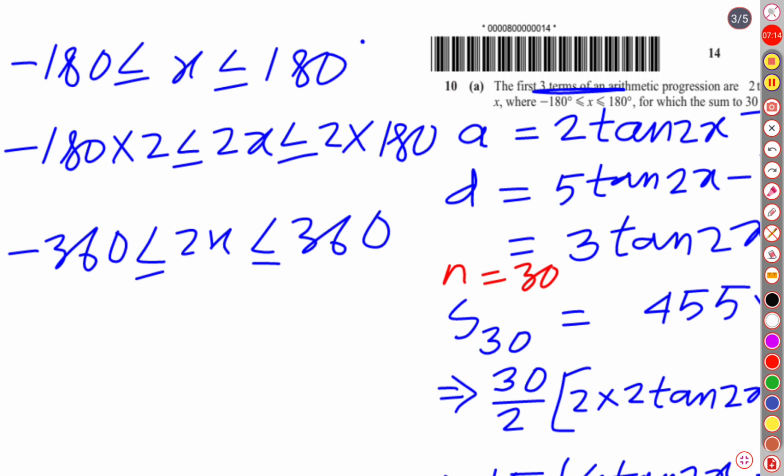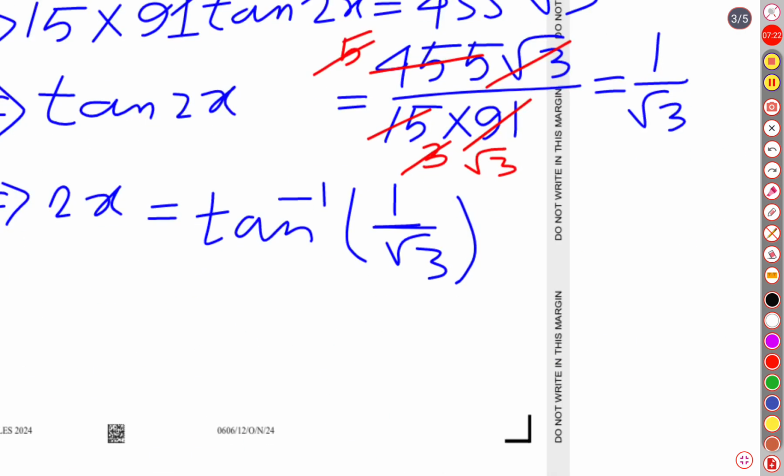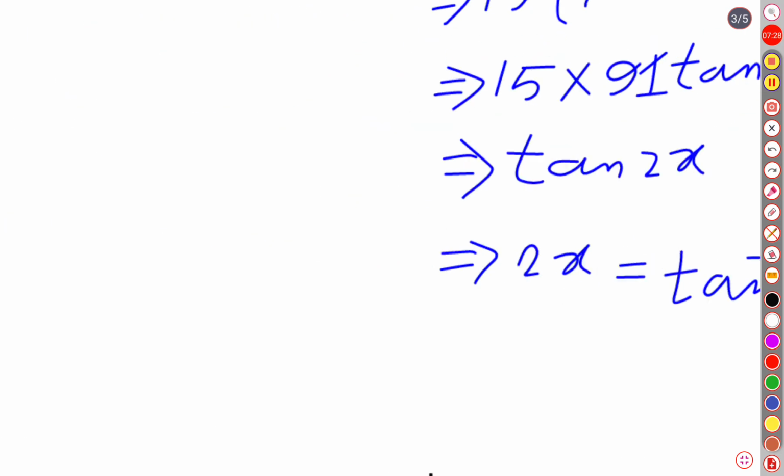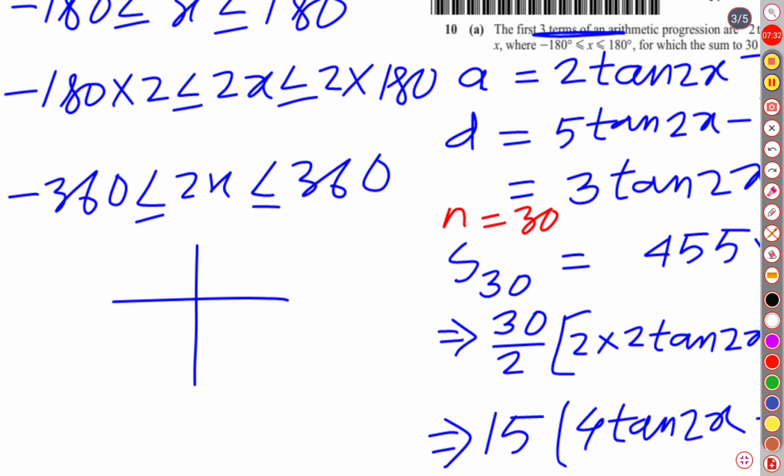Well, so this is our domain. Now let us see our tan. Our range is positive. If we have a look at this, our range is 1 over root 3, which is positive. This is a positive range. So for a positive range, the angle falls in the first quadrant or third quadrant.